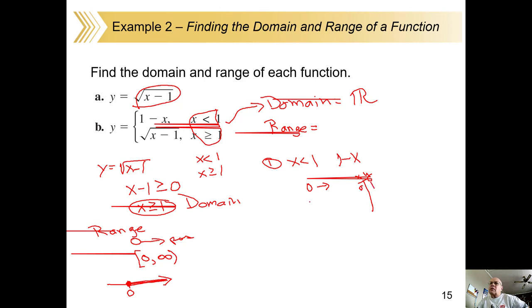If I put a minus 1 in here, I'll have 1 minus a negative 1, or 1 plus 1, so negative 1 gets paired with a 2. If I try a negative 2, put that number in here, 1 minus a negative 2 is 1 plus 2. Negative 2, 3. Negative 3, try that. 4. So you can get an idea what's happening.